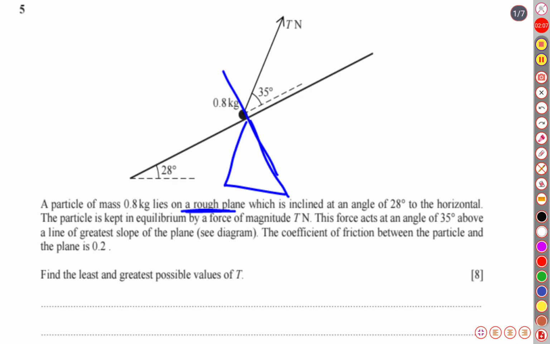Then this is our angle, which is 28 degrees, and this is a 90-degree right angle triangle. There is one more triangle we can draw over here, which is this one. So now we will have to find the normal reaction.